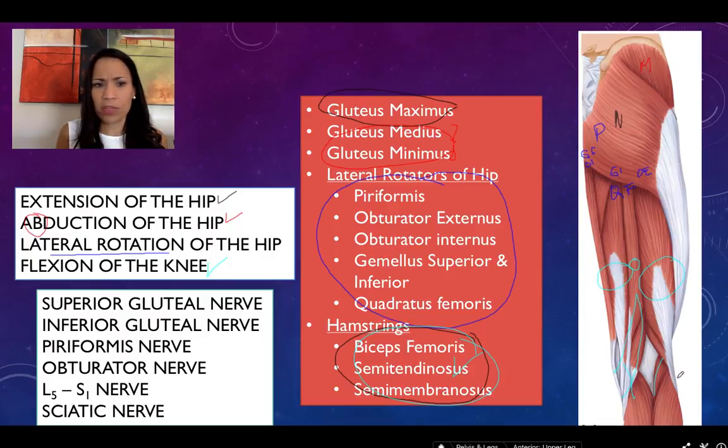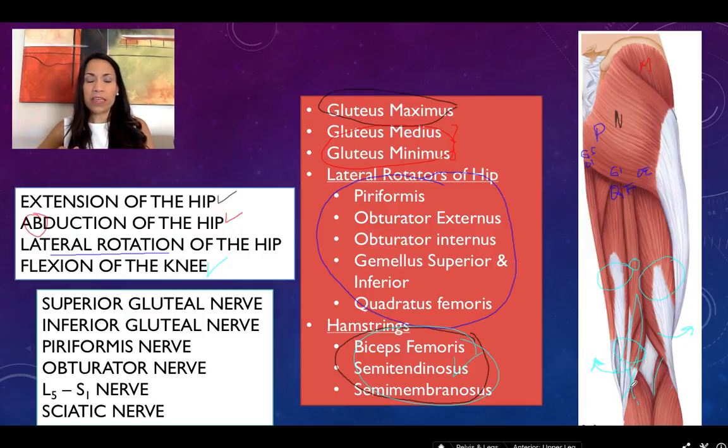I didn't include this movement in here, but biceps femoris is the one performing the lateral rotation at the knee, and the semimembranosus and semitendinosus are the ones performing the medial rotation of the leg at the knee when we are going to unlock the leg from the extended to flexed position.